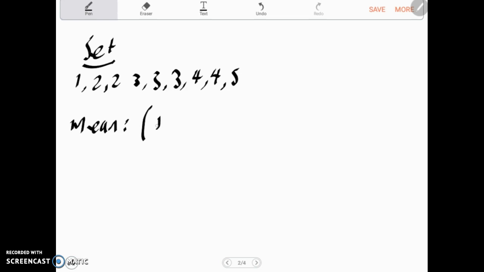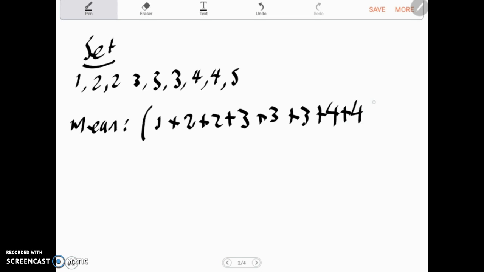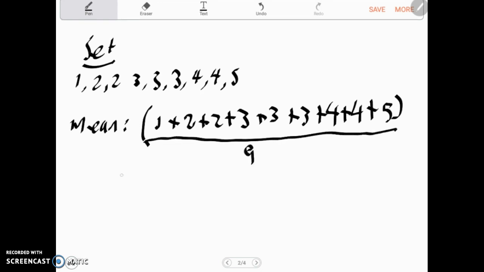So we go 1 plus 2 plus 2 plus 3 plus 3 plus 3 plus 4 plus 4 plus 5, all divided by 9. So let's see, 3, 4, 5, 8, 11, 14, 18, 22, 27.